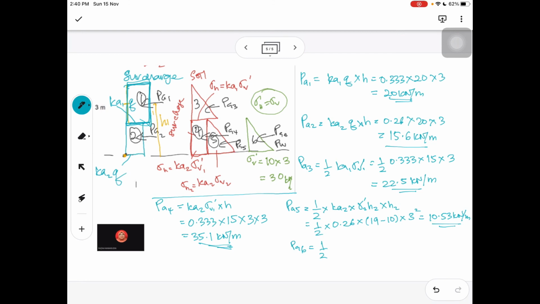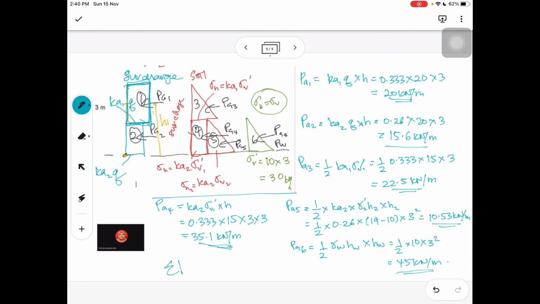Base is unit weight of water times height of the water, and then times height of the water, so equals half times 10 times 3 power 2, which equals 45 kilonewton per meter. Okay, so done with the PA.